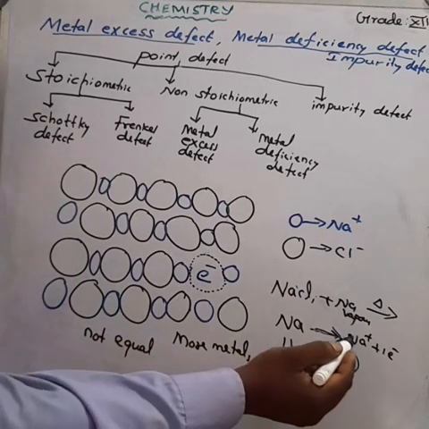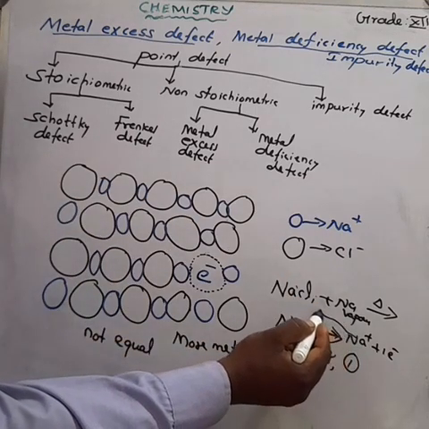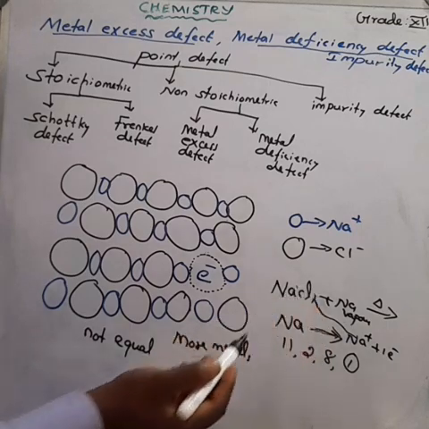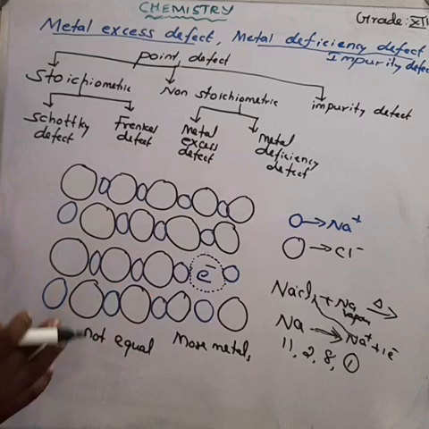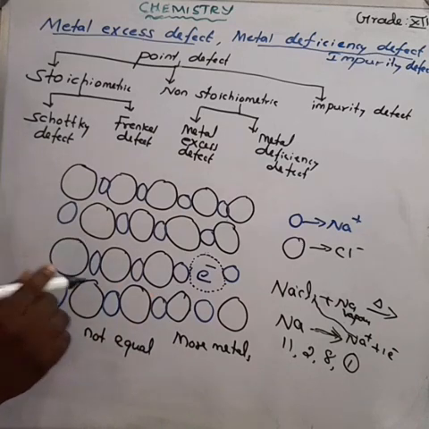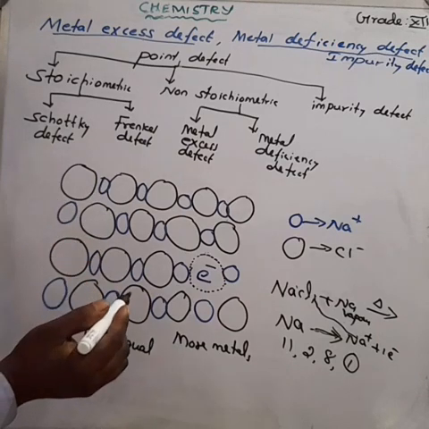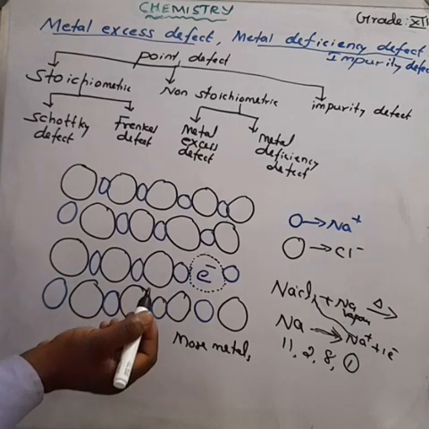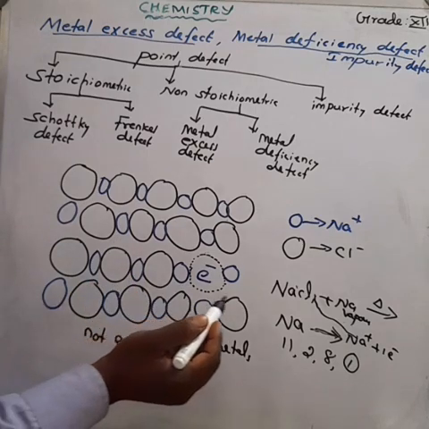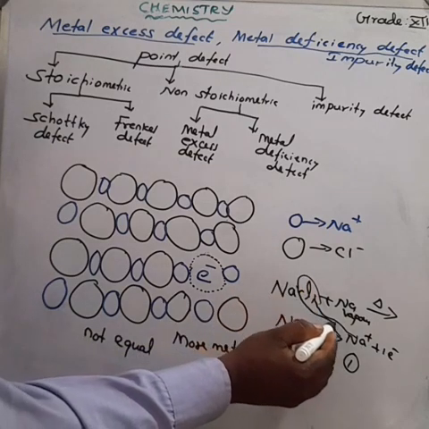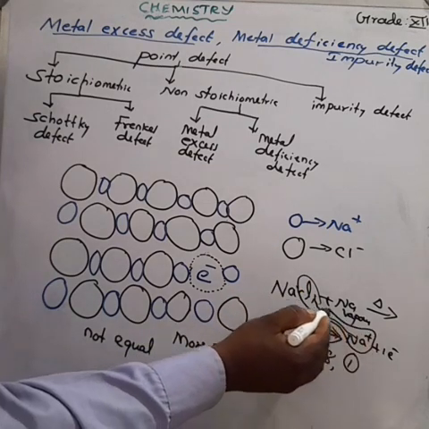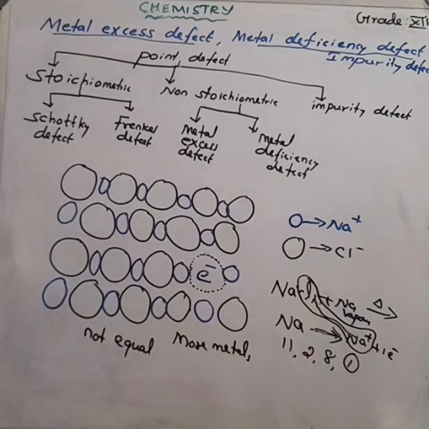These Na plus ions are deposited on the surface of the crystal. In the sodium chloride crystal, chloride ions diffuse to the surface from the lattice point and combine with Na plus ions obtained from sodium vapor.